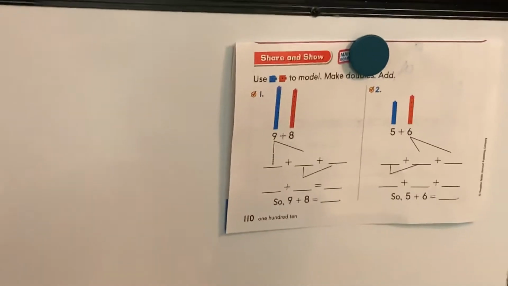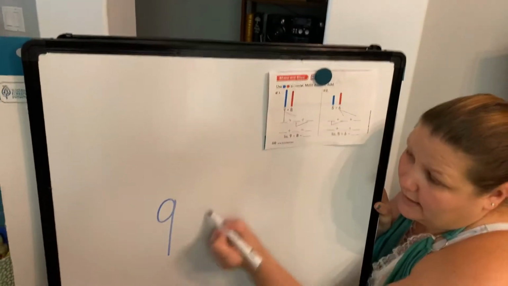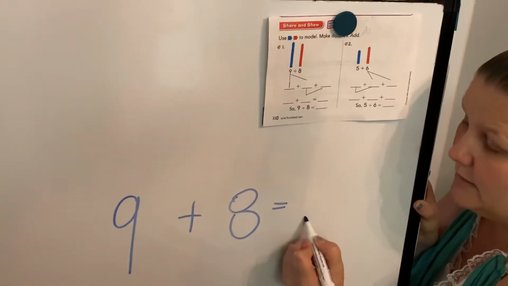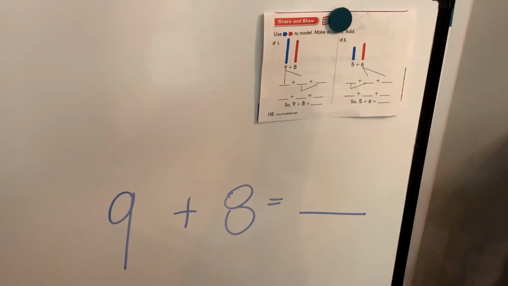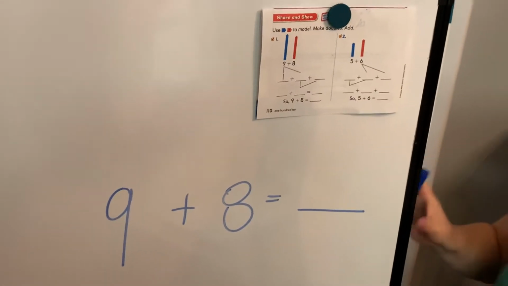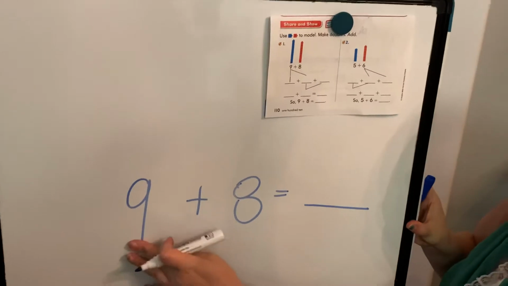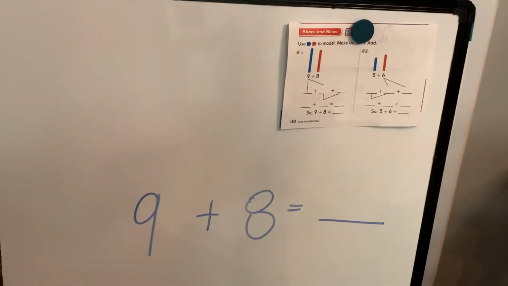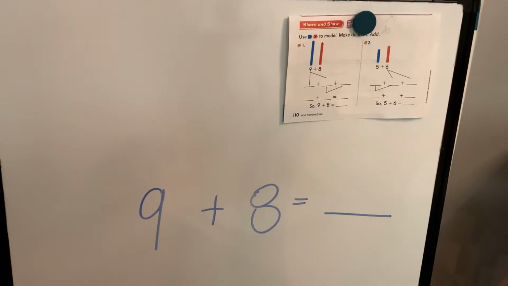So we're going to work with our equation. And our equation is going to be 9 plus 8 equals blank. Okay? I need to know what 9 plus 8 equals, but I need to do it using a double. So the whole lesson today is to find the double.